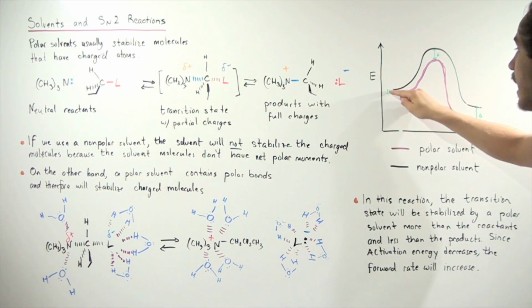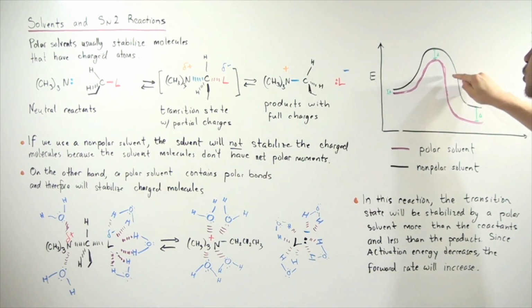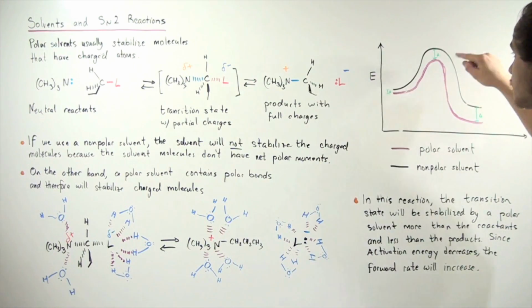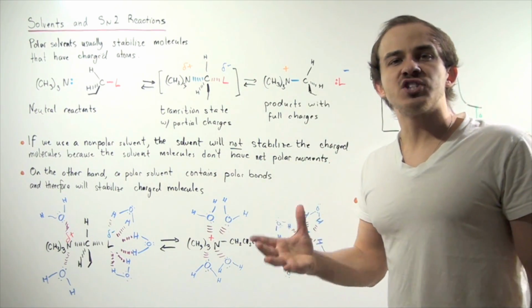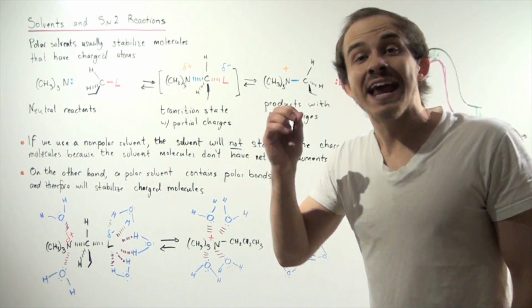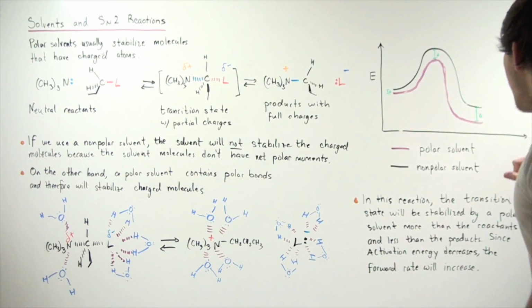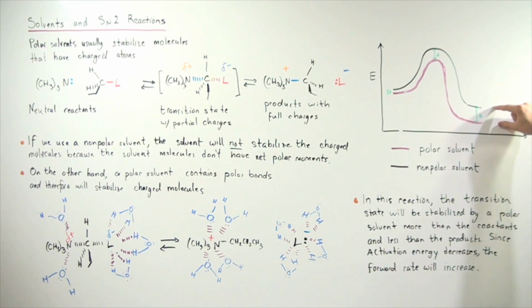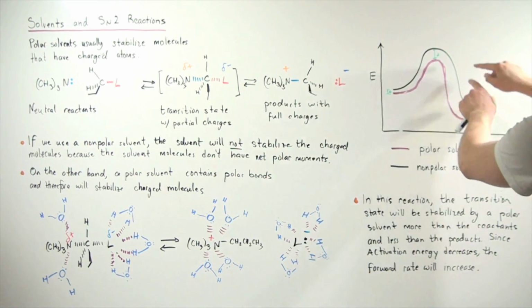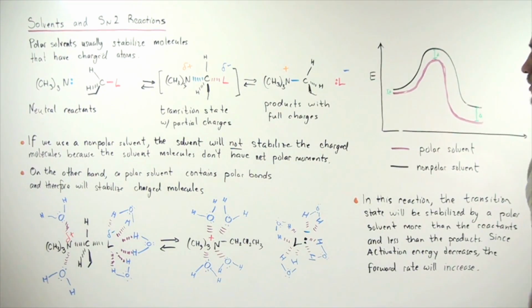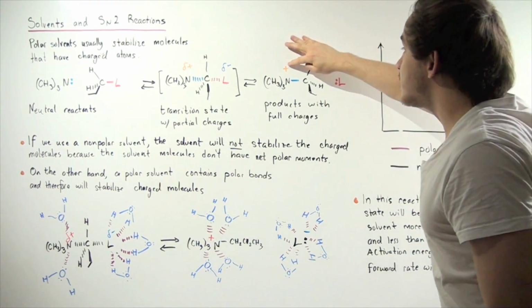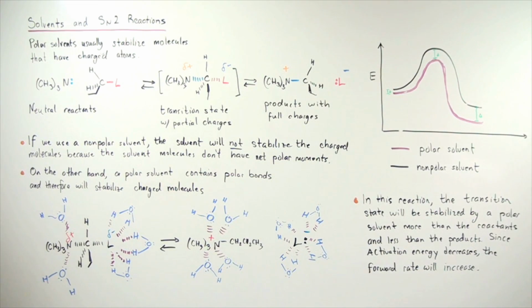And that means our activation energy is now smaller. So if activation energy is smaller, what happens to our rate of reaction? Well, it increases. And then notice our products will be stabilized even more than reactants or the transition state. And that's because this is a full positive and full negative charge.